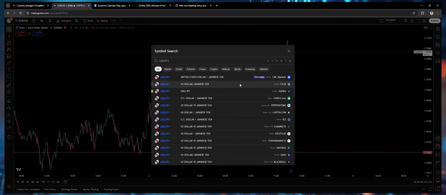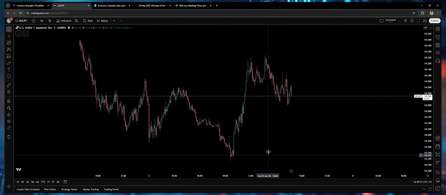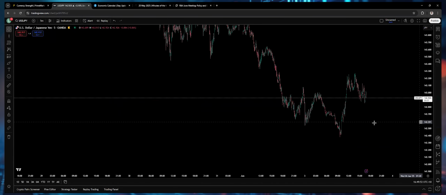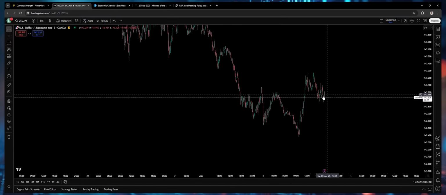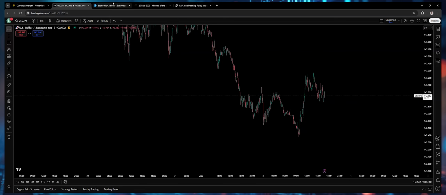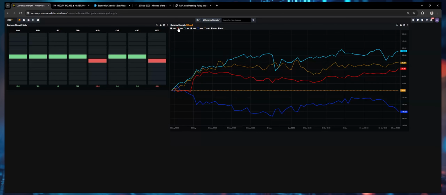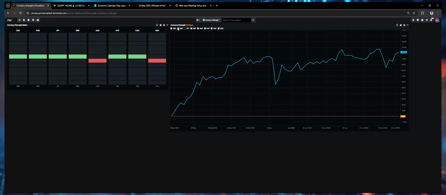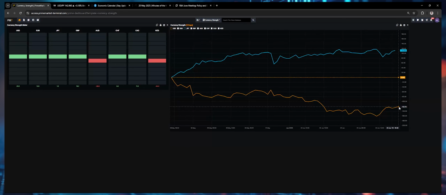Let's say US dollar Japanese yen, for instance, we had this little up move here, but right now it's already pulling back because, let me take this all off, the US dollar is down here as the Japanese yen is up there.